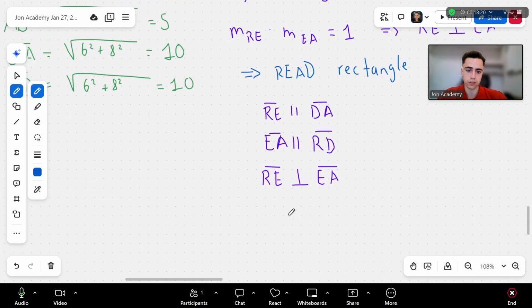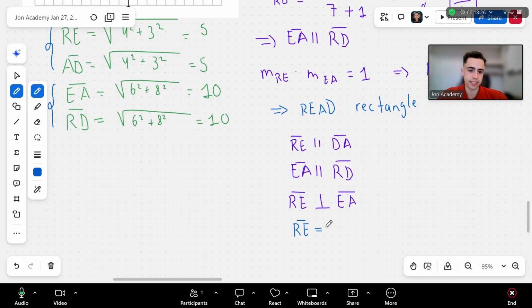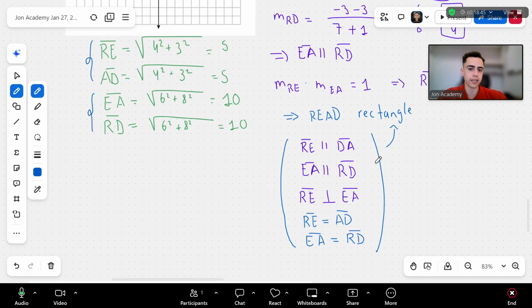So we could write distance RE equals distance AD, and distance EA is the same as RD. And with all of that, because of all of this reasoning, it's gonna be a rectangle.